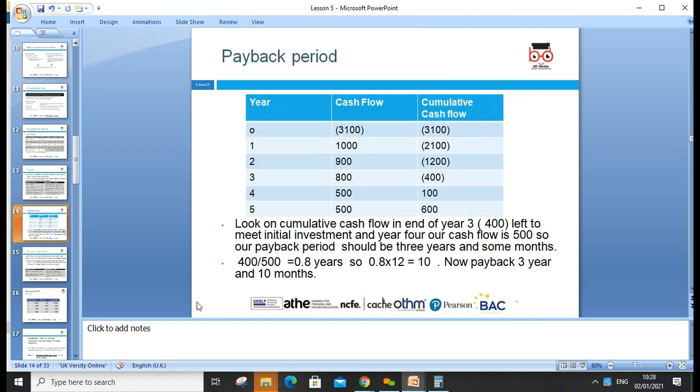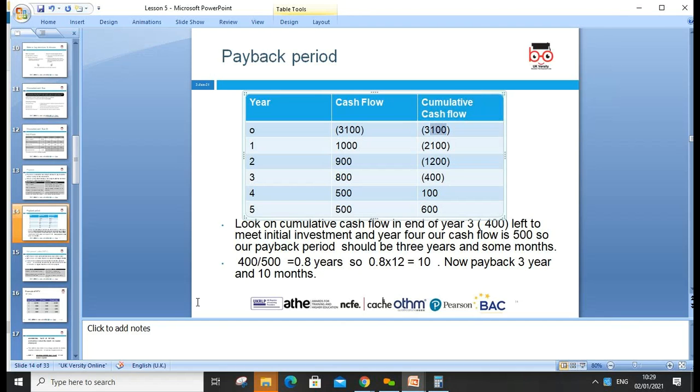So let's see an example. We are investing 3100 in year 0. Year 0 is not a year, it's today, the current year. And then we are getting returns of 1000, 900, 800, 500 in year 4. Now this is the cumulative, meaning total.